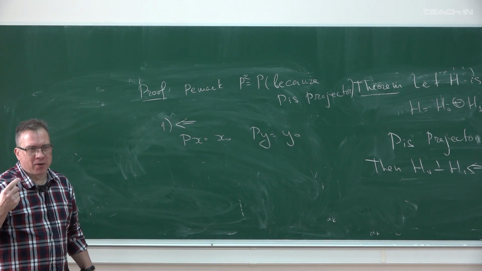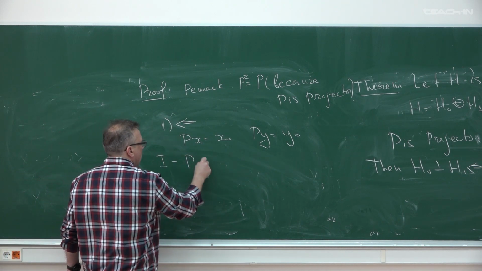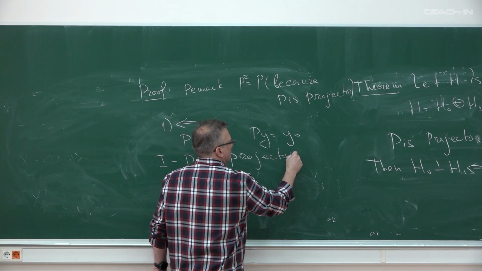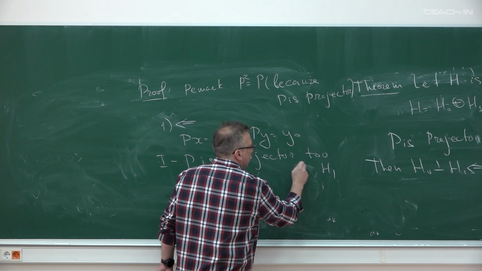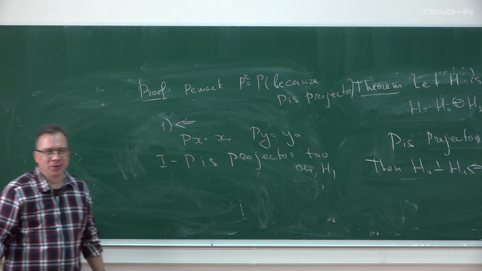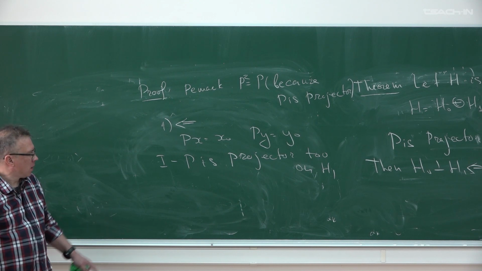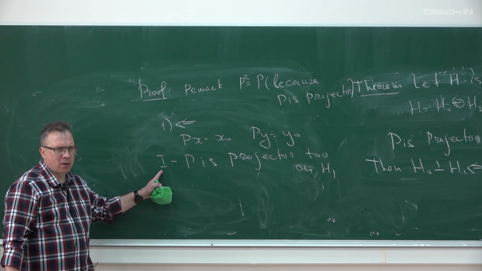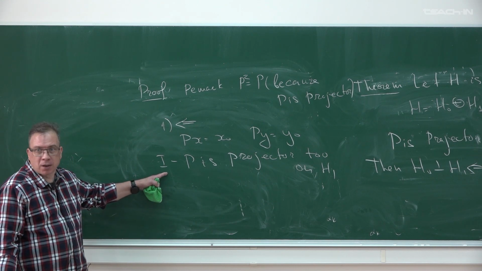One more remark. The complementary operator on H1 along H0 is the identity minus this operator, I minus P. Is it clear?